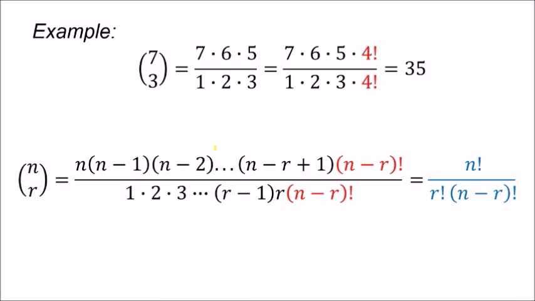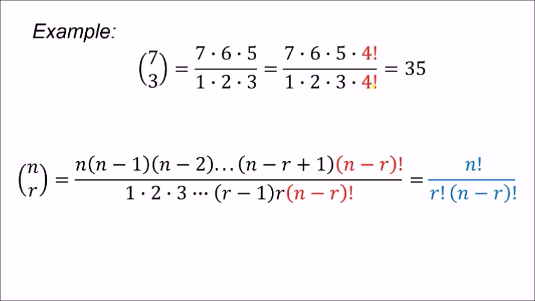Another example, still the same as before, 7 combination 3. We can rewrite this from the previous 7 times 6 times 5 over 1 times 2 times 3. If we continue the numerator, we can have 7 times 6 times 5 times 4 factorial all over 1 times 2 times 3 times 4 factorial.